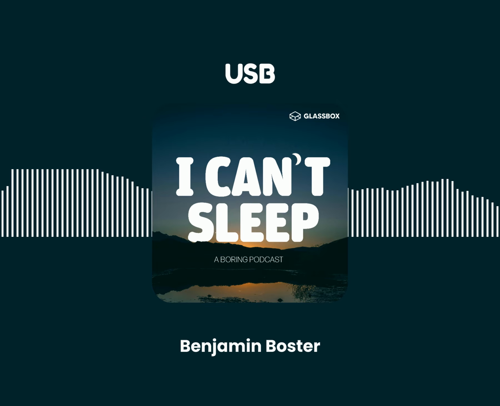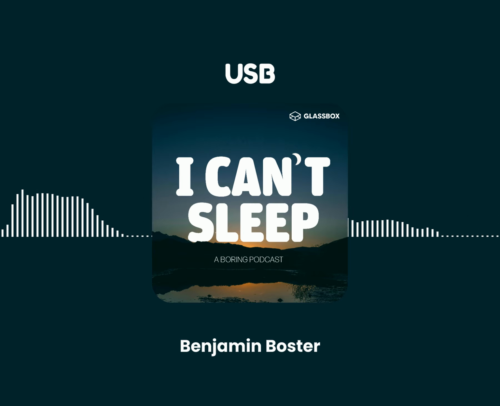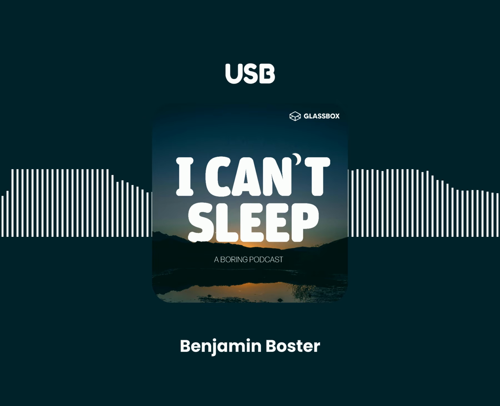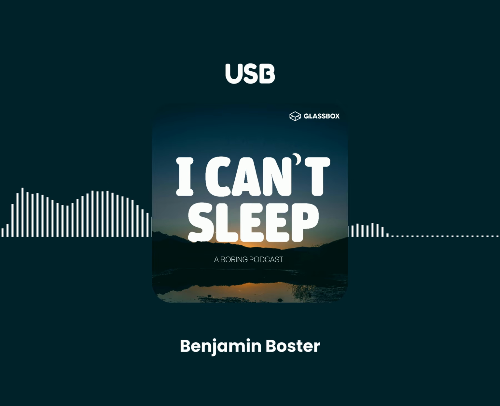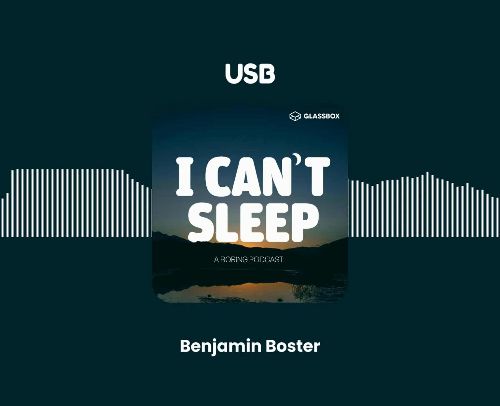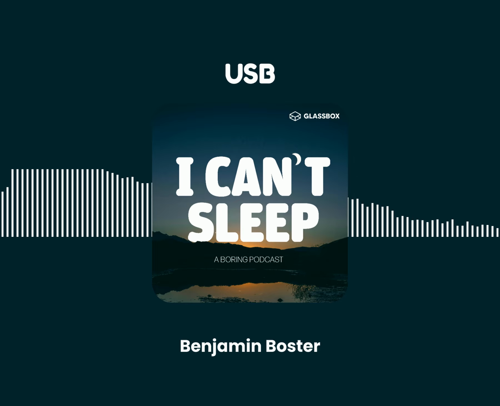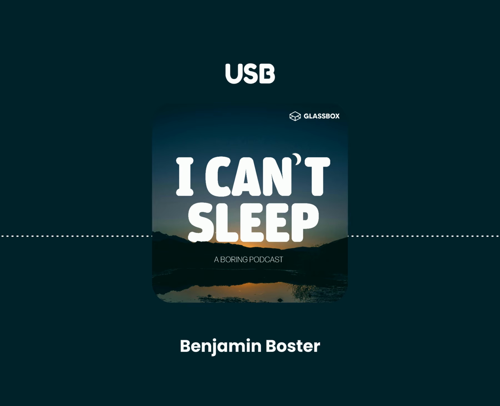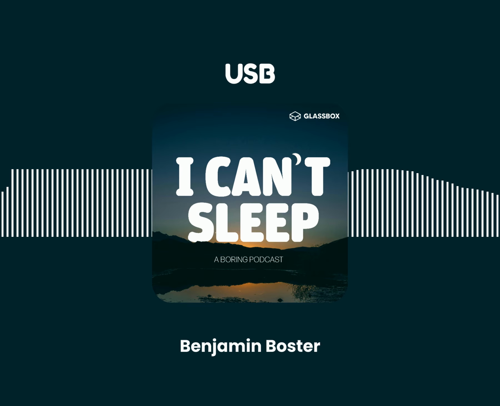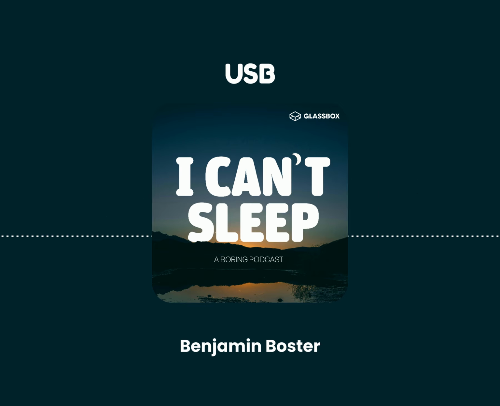USB was designed to standardize the connection of peripherals to personal computers, both to exchange data and to supply electric power. It has largely replaced interfaces such as serial ports and parallel ports, and has become commonplace on a wide range of devices.